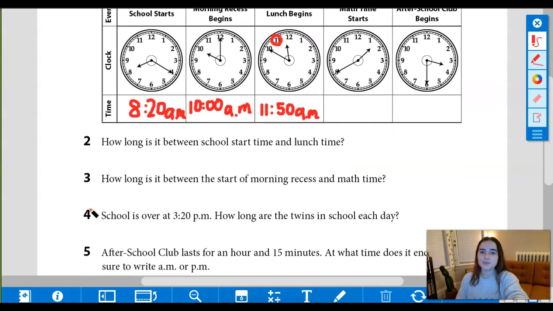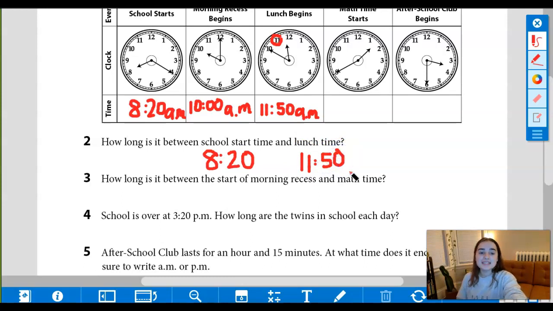Number 2, how long is it between school start time and lunchtime? You need to figure out what the elapsed time is between school starting and lunch beginning. We already know those two times, so let's set it up. We know that the school start time is 8:20, and we know that lunchtime is at 11:50.